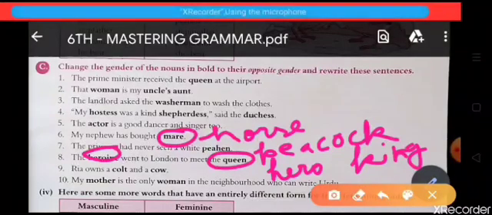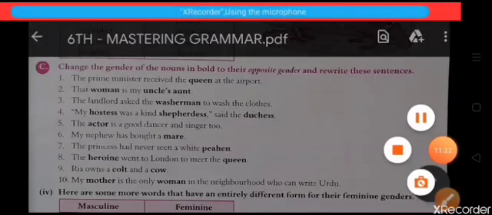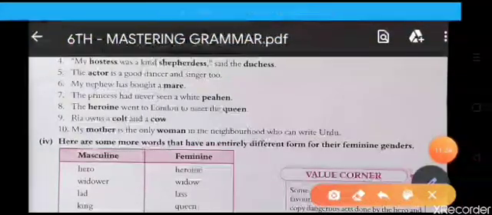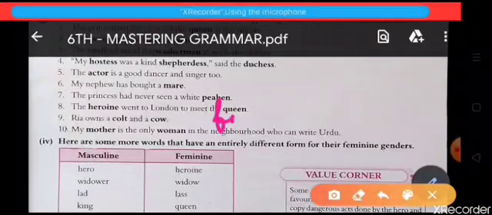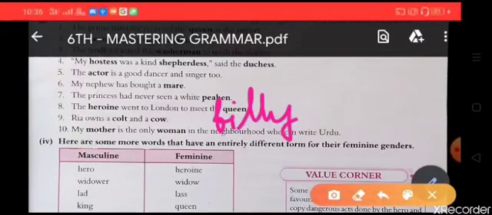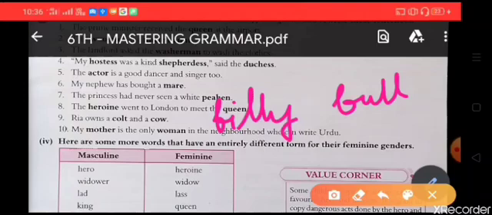Ninth, Ria owns a colt and a cow. Ria owns a filly and a bull. My mother is the only woman in the neighborhood who can write Urdu.